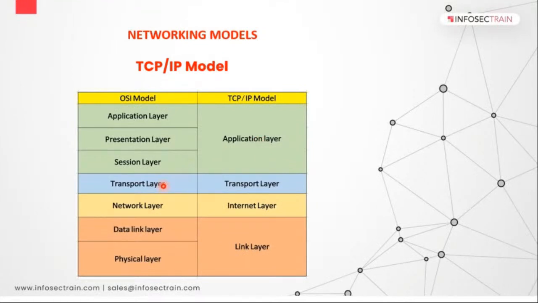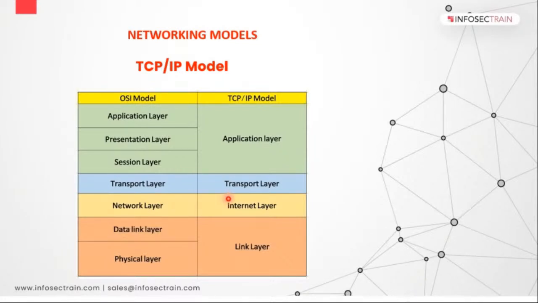Now the transport layer, as you can see, is the same, right? So we have the transport layer. Now the next thing that we have is the network layer. So what is the network layer? The network layer is your internet layer. So it is the same, just the name is changed. So the network layer is changed to the internet layer.